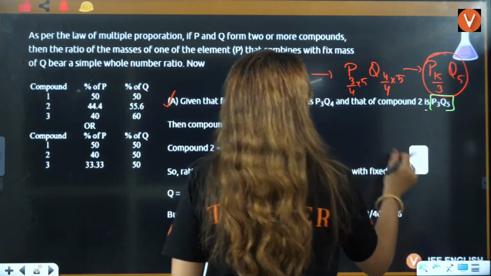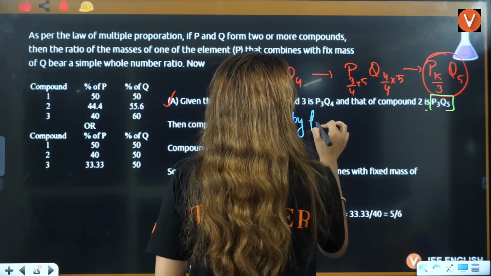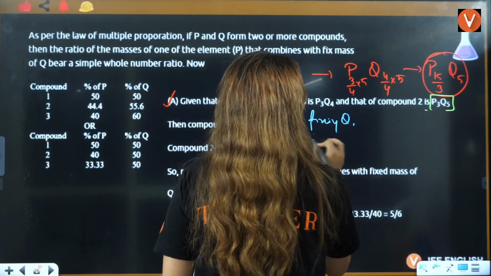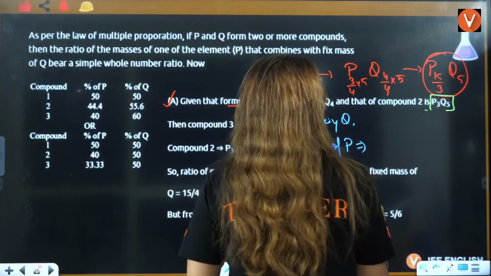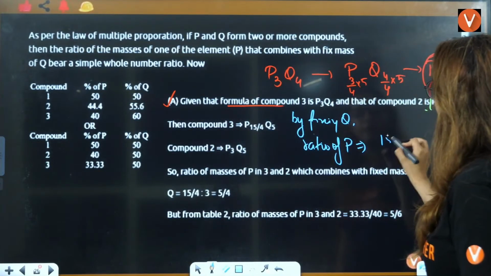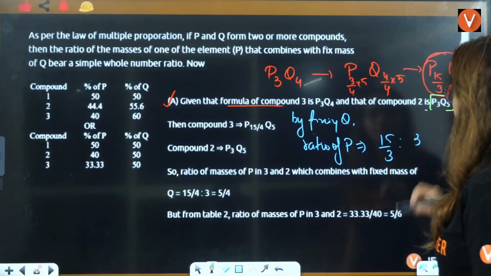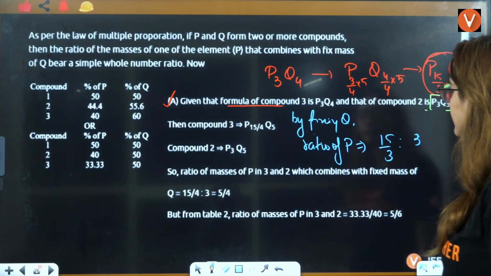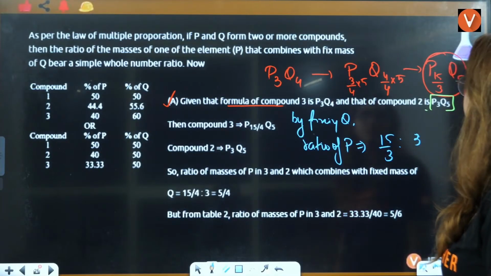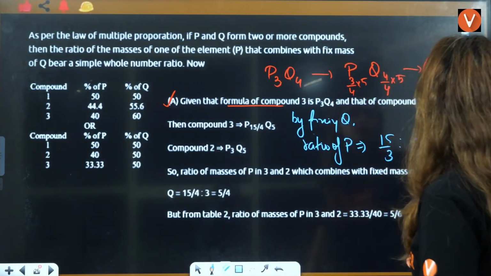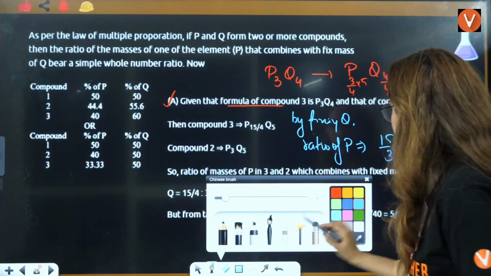By fixing Q, the ratio of P is here 15 by 3 and this is 3. Right? Okay. So that is nothing but, wait a minute, that is 15 by 4, na? My bad. This will be 15 by 4.